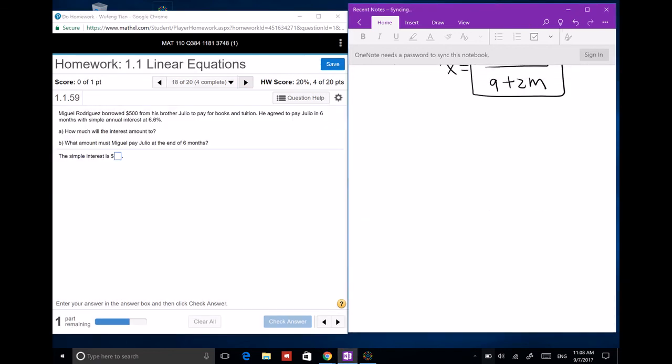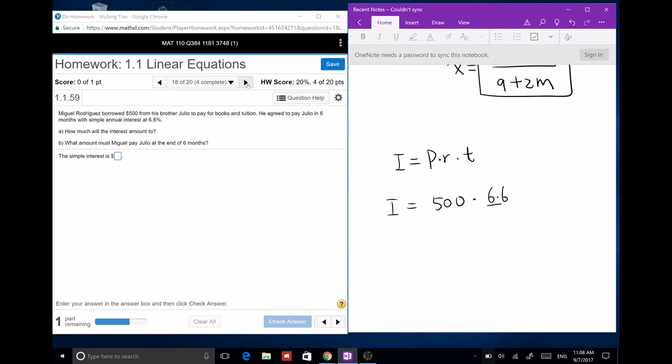Alright, next question. This is simple interest. The simple interest formula is I equals P times R times T, PRT. The principal amount is $500, multiplied by the simple interest rate of 6.6%, which is 6.6 divided by 100, and then multiplied by time.